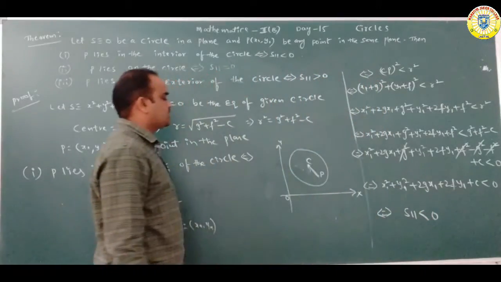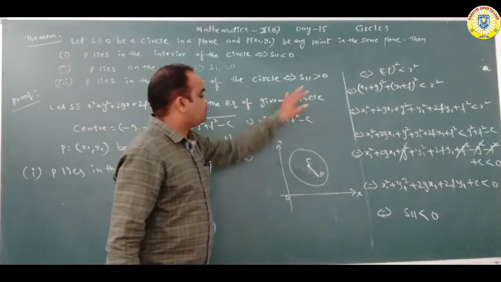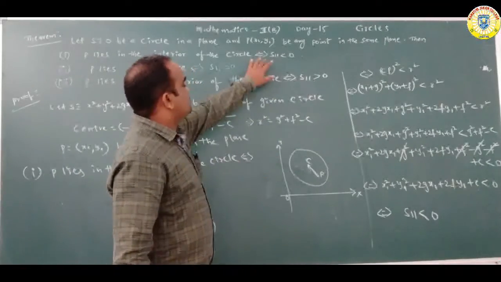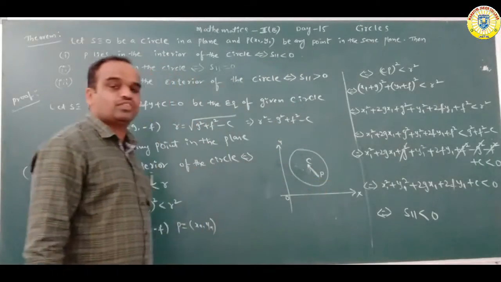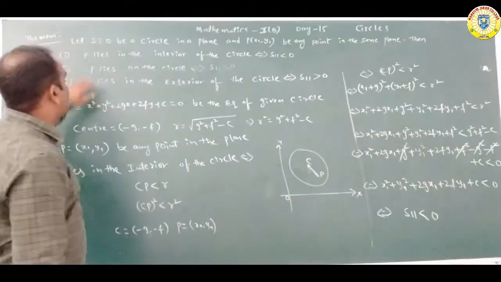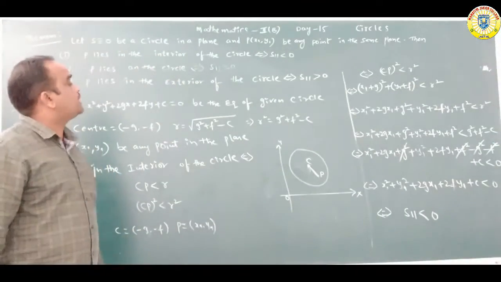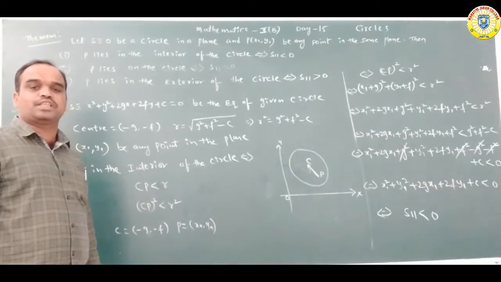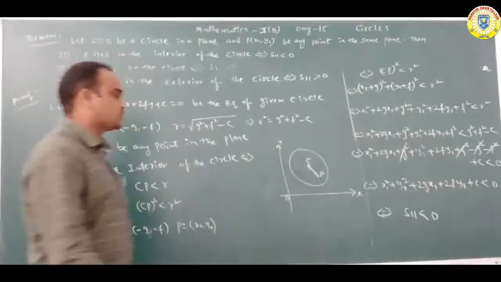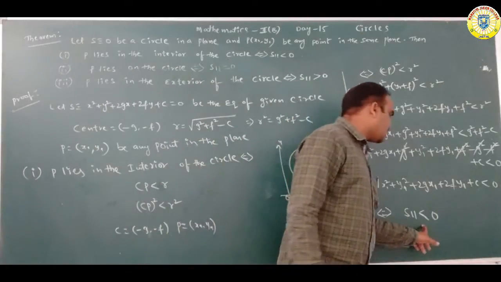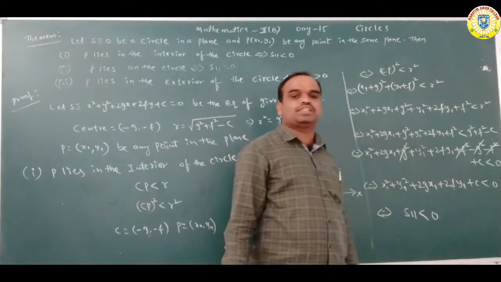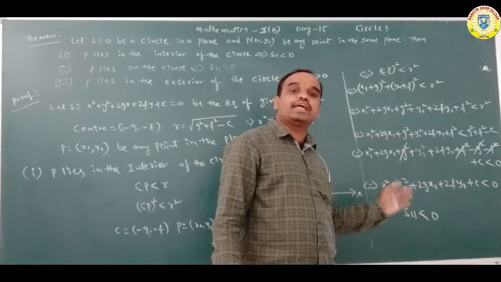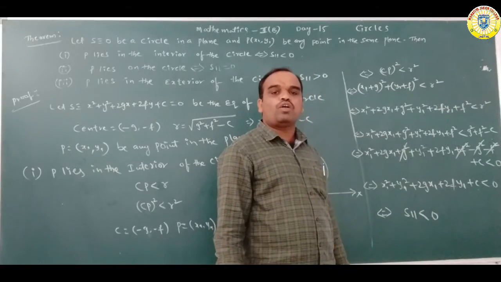First condition: if S11 is less than 0, then P lies in the interior of the circle. What is the position of P? P is the interior point of the circle. S11 less than 0 means S11 is a negative value. Now, how to find S11?